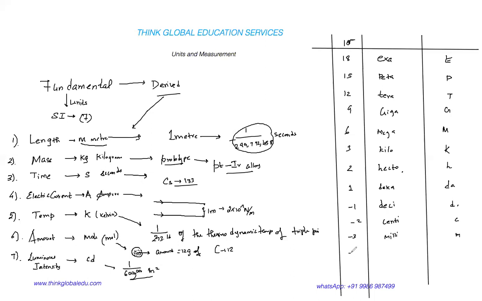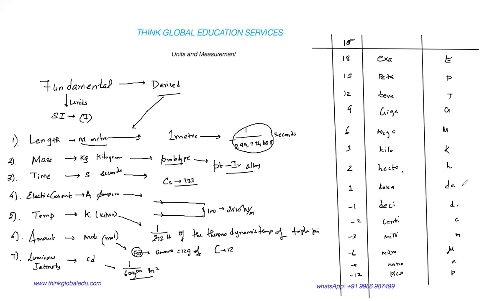And then -6 is micro, as in micrometers and microorganisms, which we represent using the Greek letter mu. Then we have -9, which is nano, represented by small n. And then -12, which is pico, which we represent with small p.